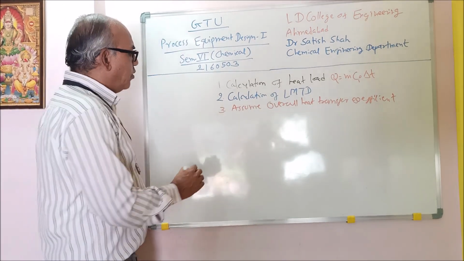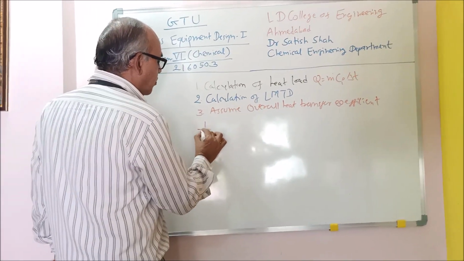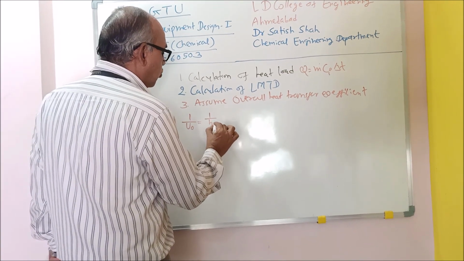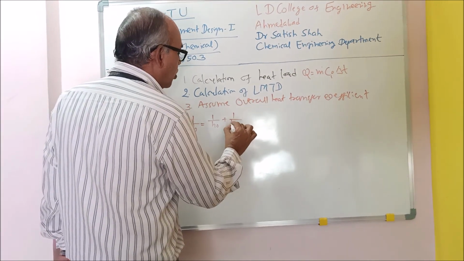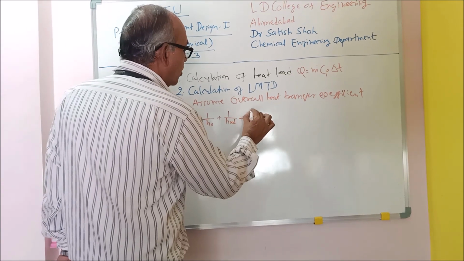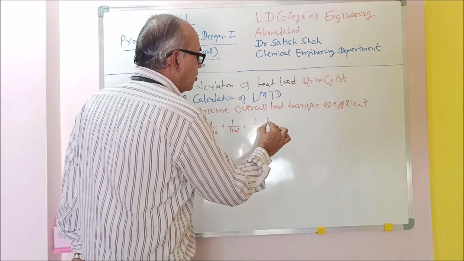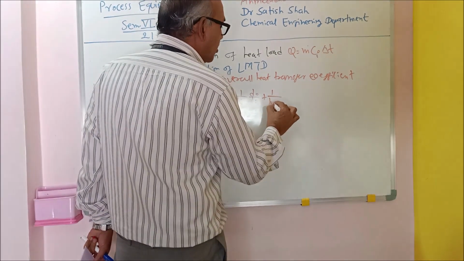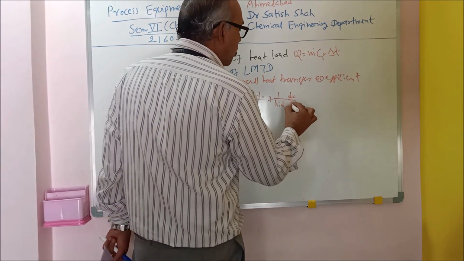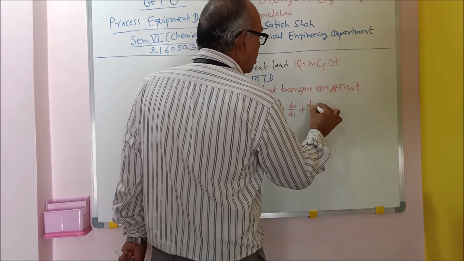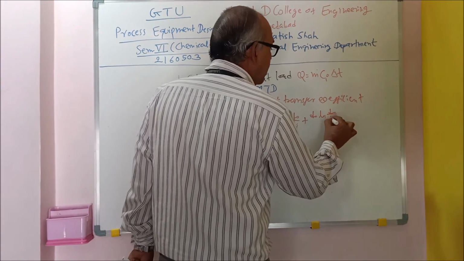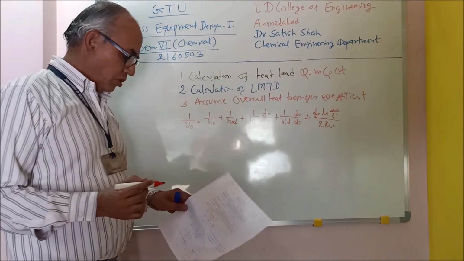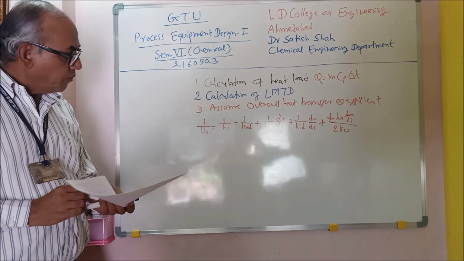So a very simple formula I will tell you, that is 1 upon U0 is equal to 1 upon HO plus 1 upon HOD plus 1 upon HI into DO upon DI plus 1 upon HID into DO upon DI plus DO ln DO upon DI upon twice KW. So what are all these terms?